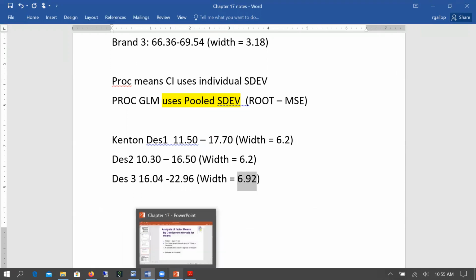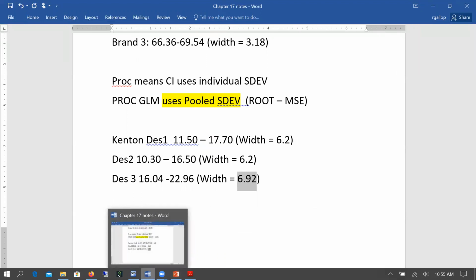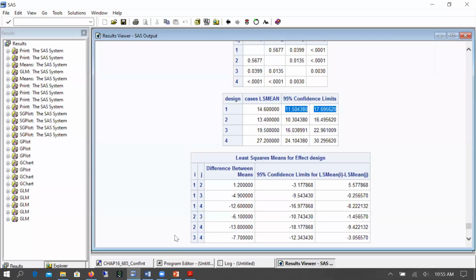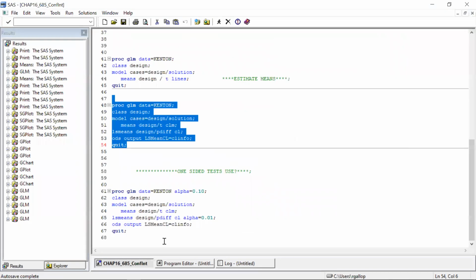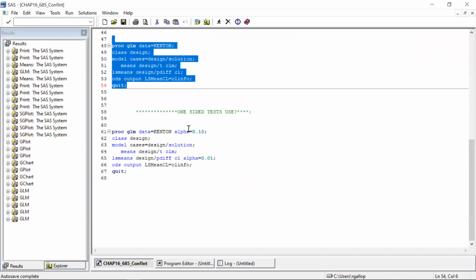And then we go here really quick. So if I jump back to this, so that's what we saw there. And then I do the same thing with the LS mean statement, as we can see. Now, show you guys something, right?